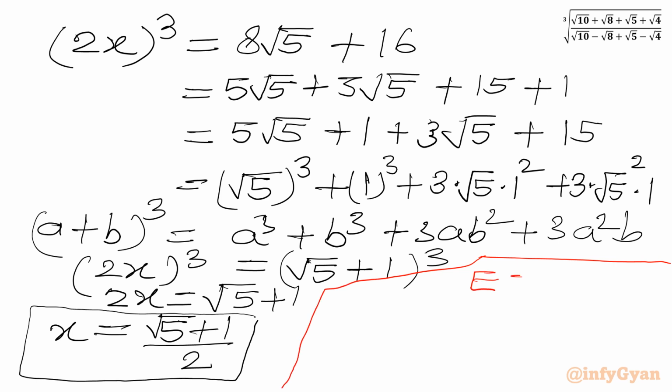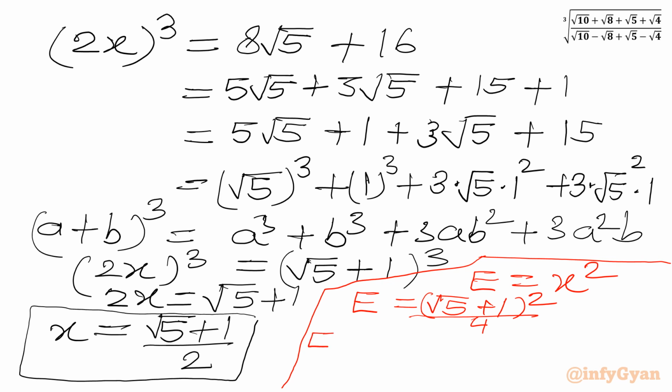So E equal to x squared. So I will write E will be equal to (root 5 plus 1) whole square over 2 squared, which is 4.